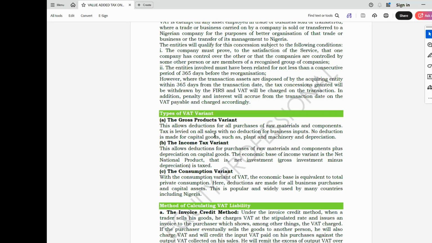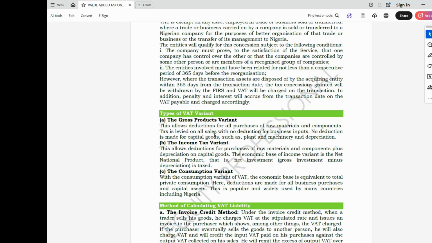Then we have the income tax variant. This allows deduction for purchases of raw material and components plus depreciation on capital assets. So for your capital asset, you are also going to include the depreciation on the capital asset among the items that you are going to remove from your output VAT. While for the consumption variant, the economic base is equivalent to the total private consumption. Deductions are made for all business purchases and all purchases of capital assets.